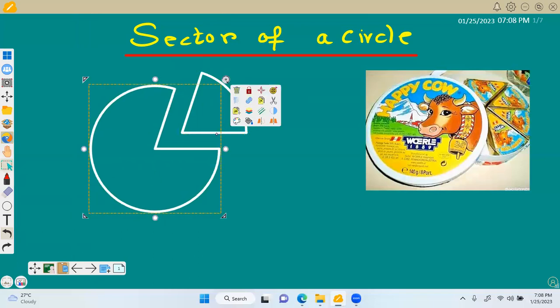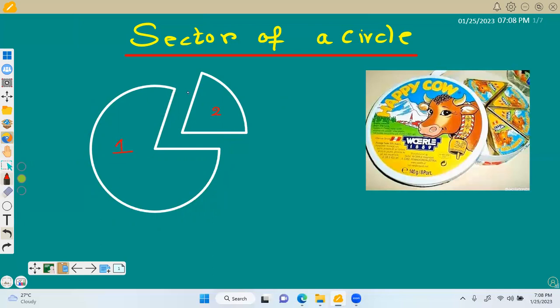There are two main parts in the figure. Okay, then these two parts, if we consider them separately, this is the first one and this is the second one.